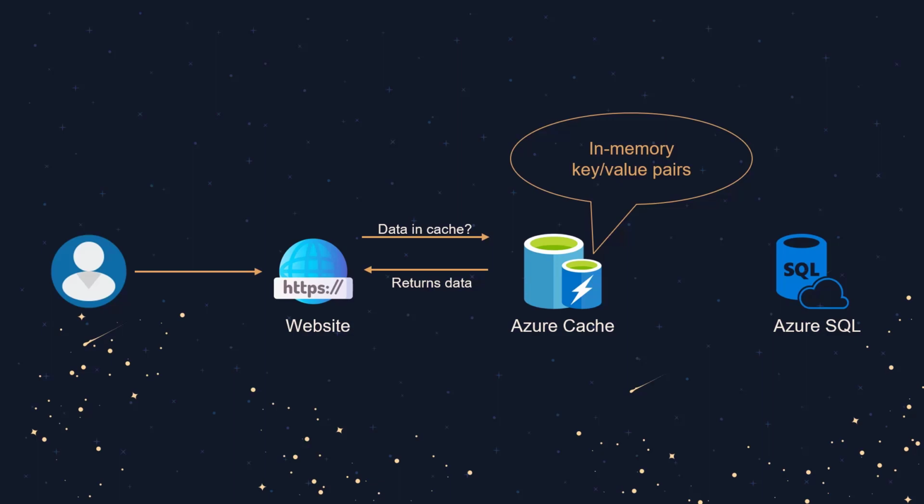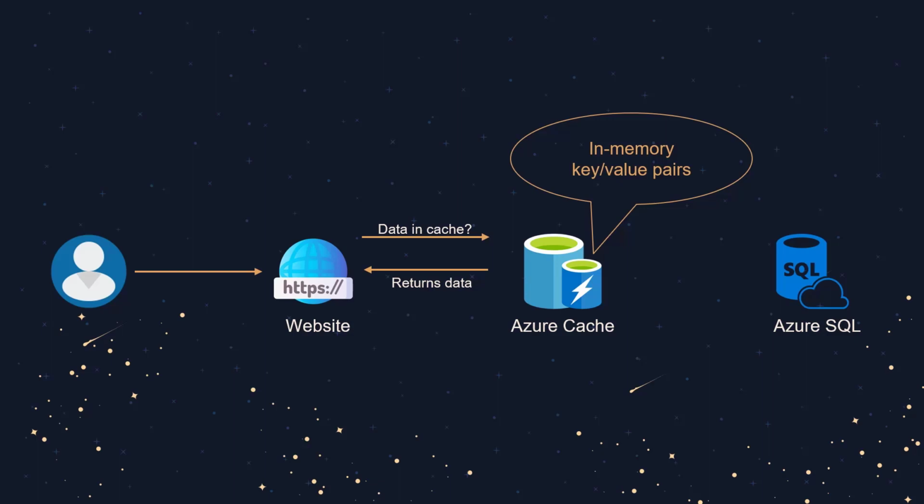Implementing a cache seems simple and straightforward, but there are some things that you should be careful about. First, you should be careful about what information you are storing in the cache. Critical information which is time sensitive should never be cached, like a stock price or a live score in a game.